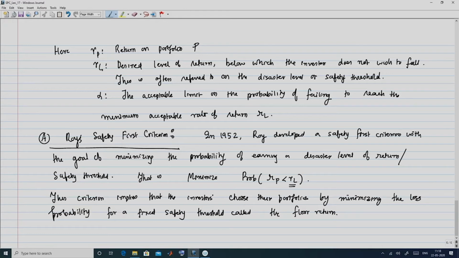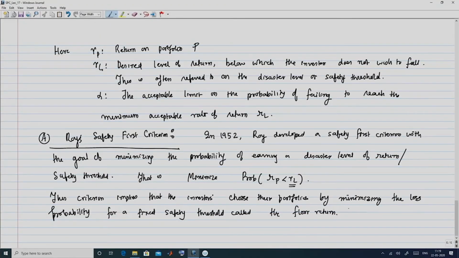This is called the floor return because this is the bare minimum return that the investor wants to achieve, and anything below this is not acceptable to the investor. So, accordingly, Roy's criteria attempts to control risk for a fixed return.